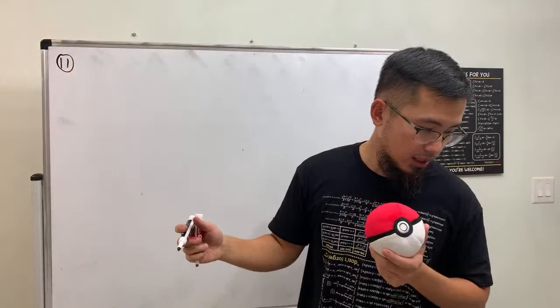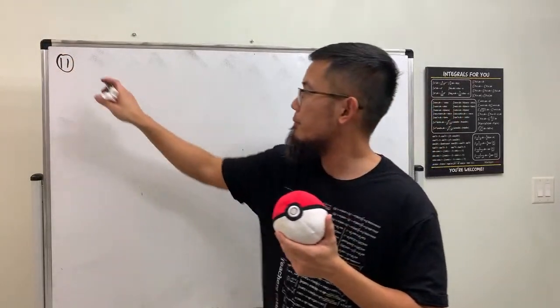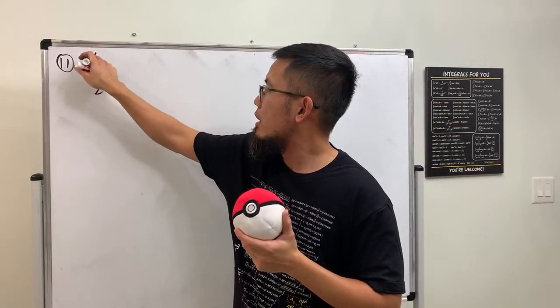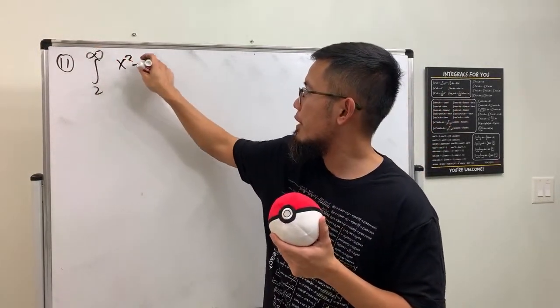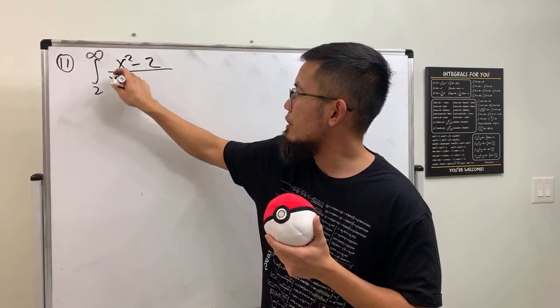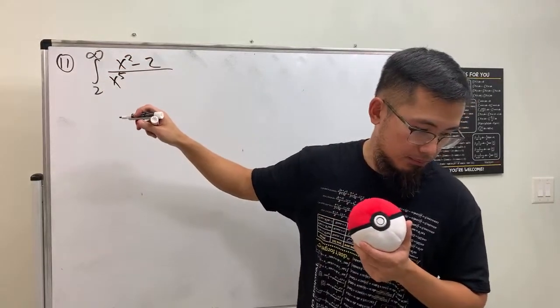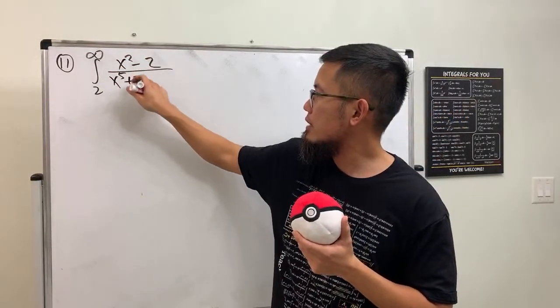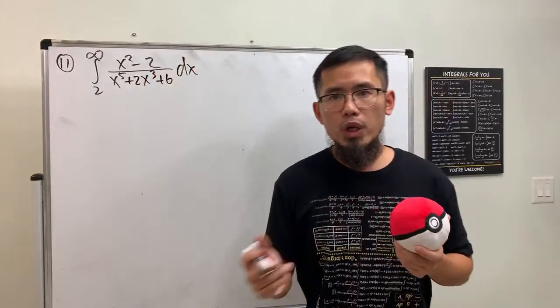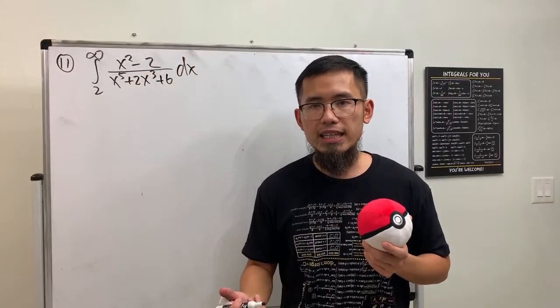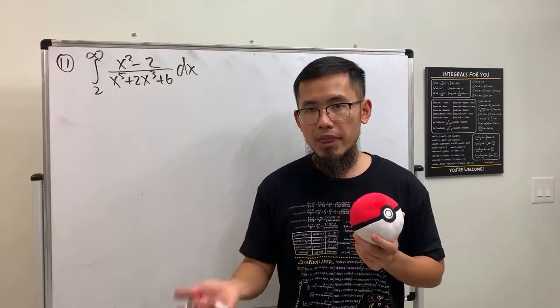Here is the integral from 2 to infinity of x squared minus 2 over x to the 5 plus 2x to the third power plus 6 dx. We would like to know if this right here converges or not by using the comparison theorem.